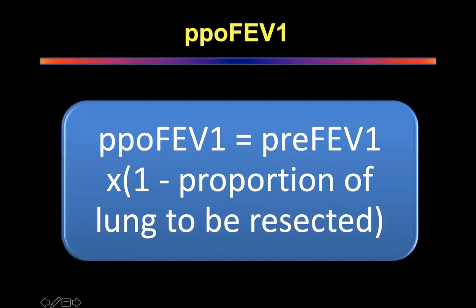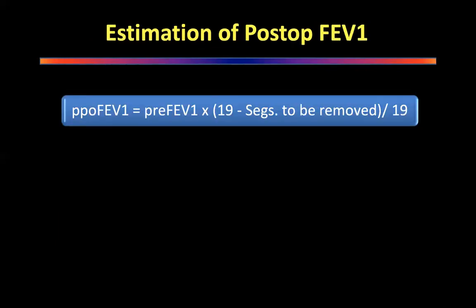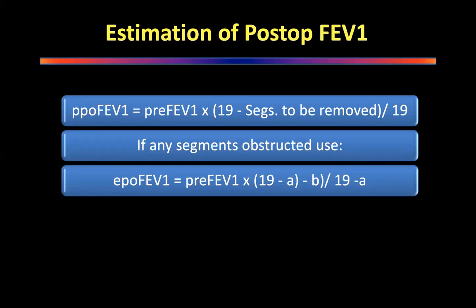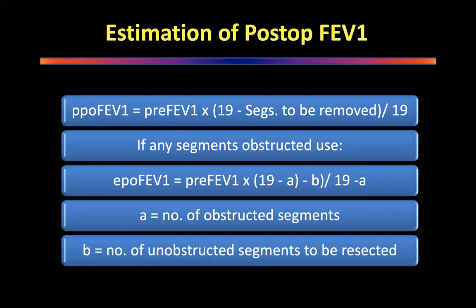So this is actually what you're doing. Predicted post-operative FEV1 is pre-operative FEV1 into 1 minus proportion of the lung resected. So if you look more into it, it's exactly the same formula. You actually take out the segments that are to be obstructed, and then you understand what is the functional segment, and then you divide it by the total number of segments.